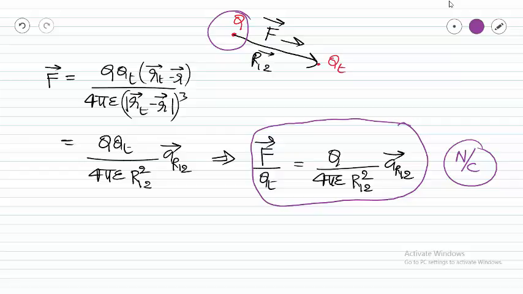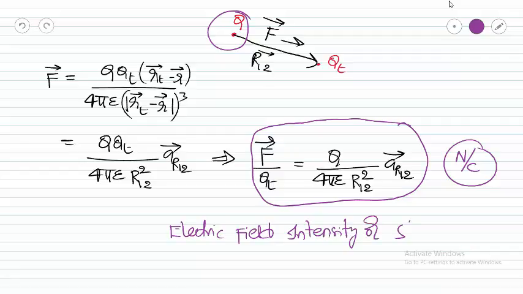So this parameter is called electric field intensity or electric field strength. Electric field intensity is nothing but force per unit charge.